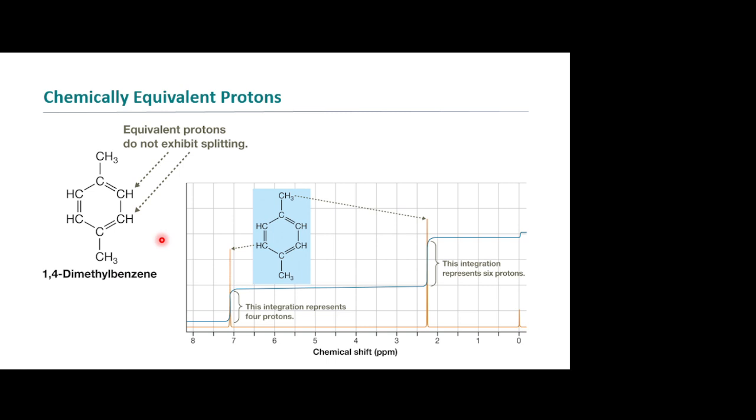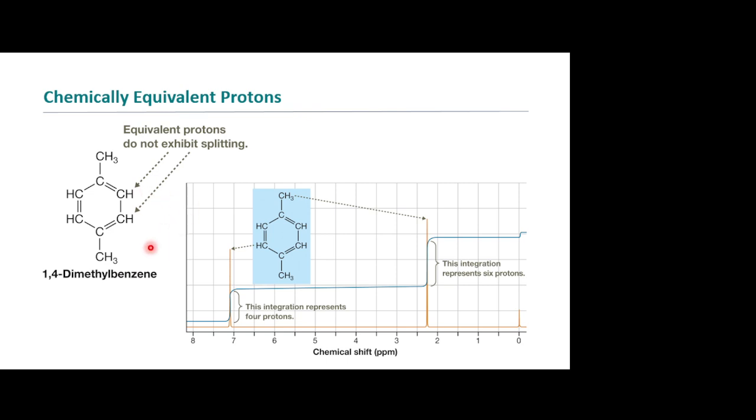All right, let's look at some equivalent protons and show you why I was using that very specific terminology. I was really careful on that terminology. Right here, these protons are equivalent, aren't they? See that? Because it's symmetric. So these actually have the same spin states, so they can't couple. These are chemically equivalent protons.